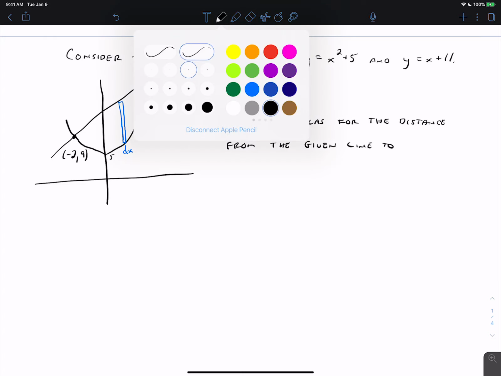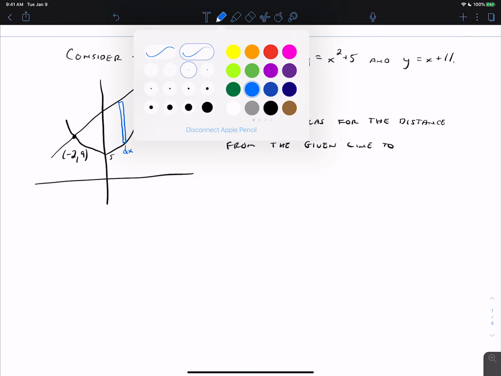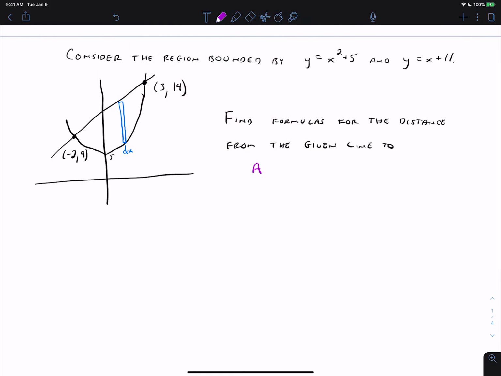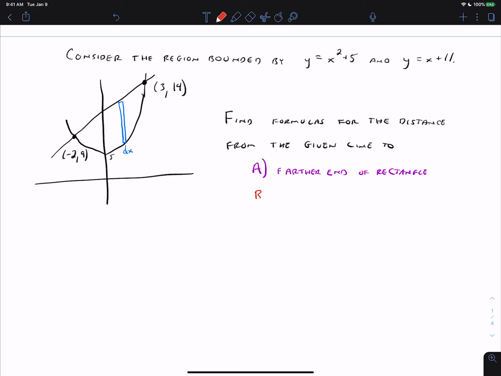For part A, let's do those in purple: to the farther end of the rectangle. For part B, we're going to do the closer end of the rectangle.